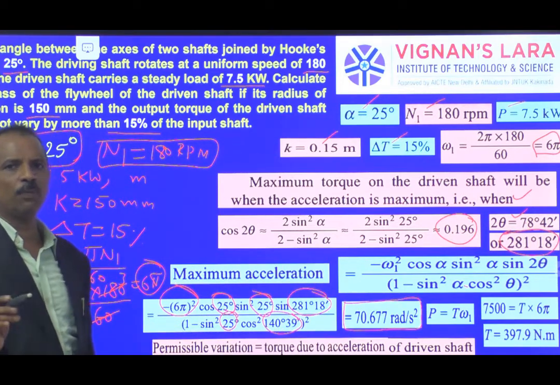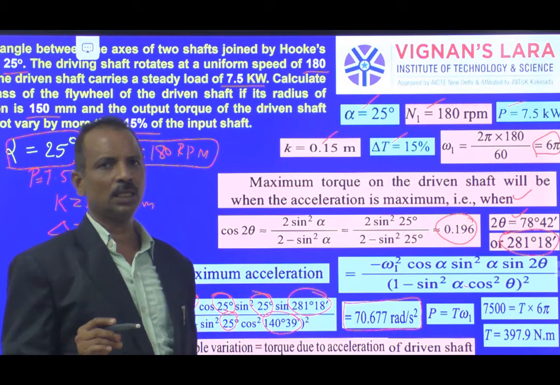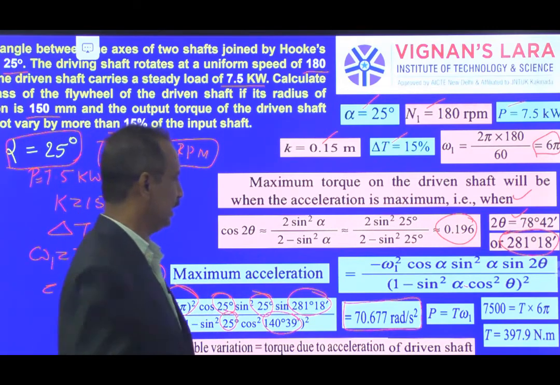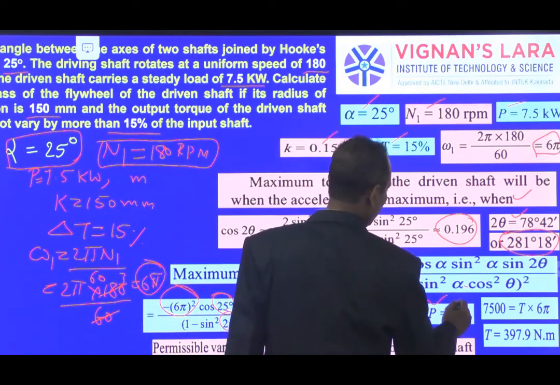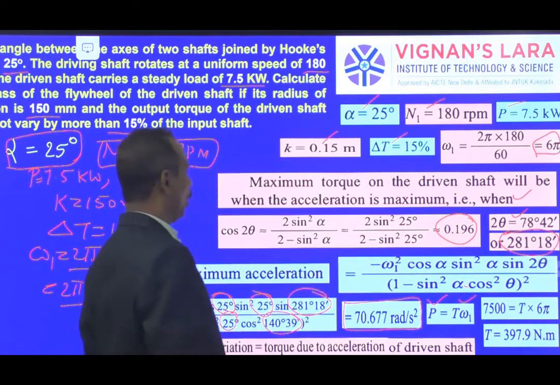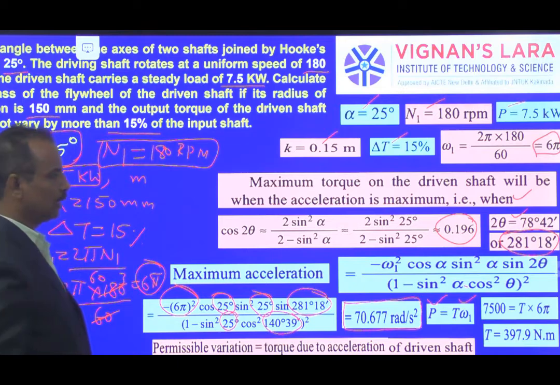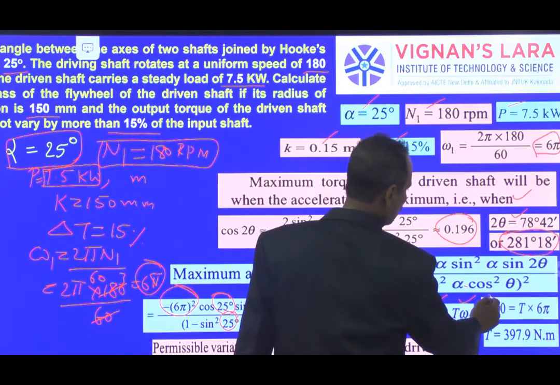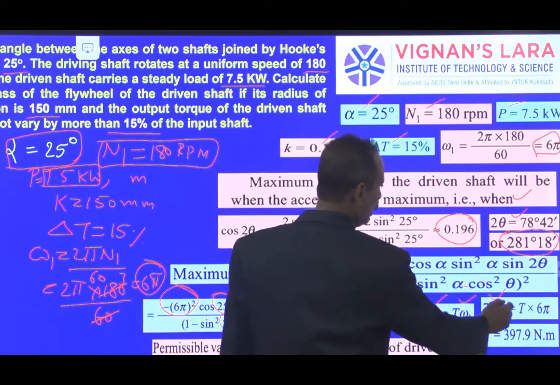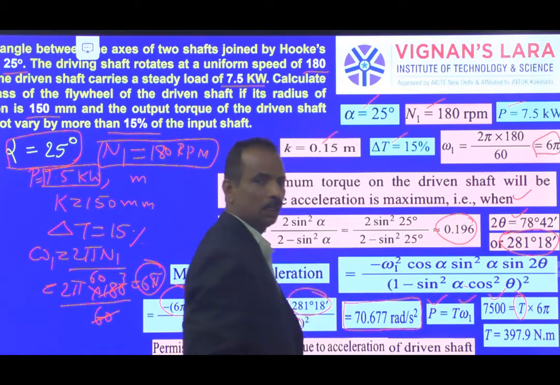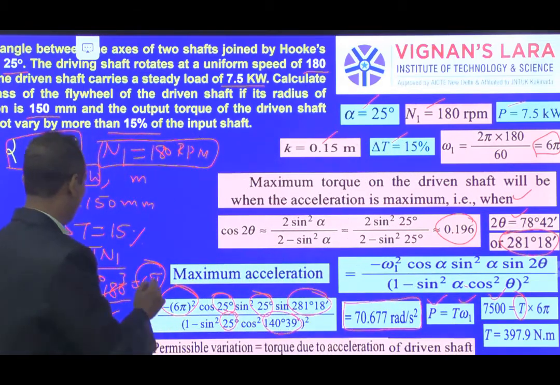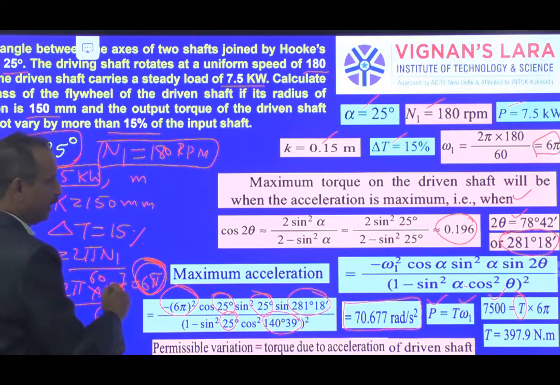And we know a basic fundamental: power is equal to torque into angular velocity, that is power is equal to T into omega. Power is already given, 7.5 kilowatts, that is 7500 watts, and the torque is to be estimated. Omega 1, the angular velocity, 6 pi is given.